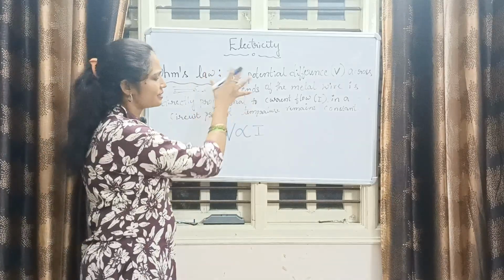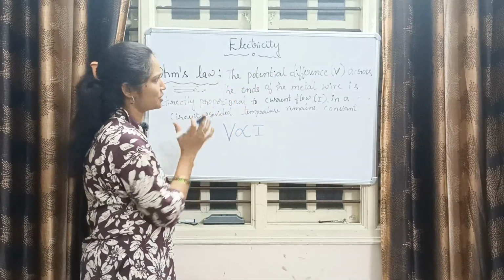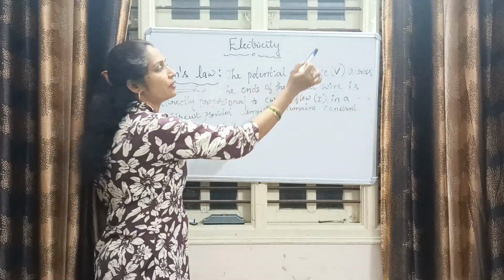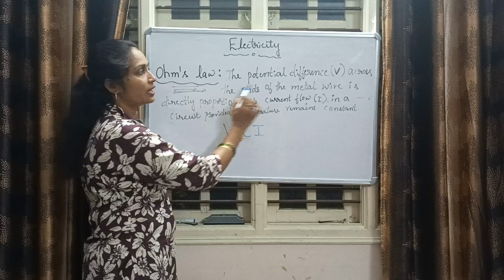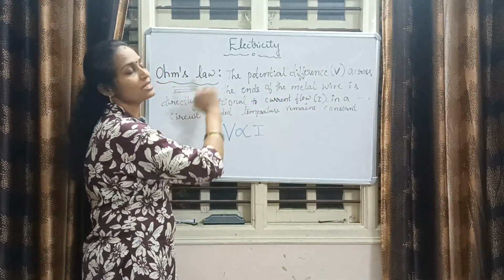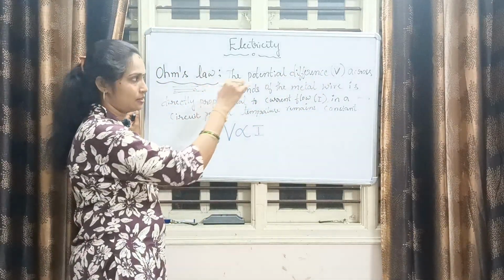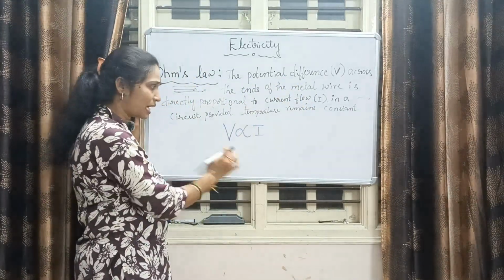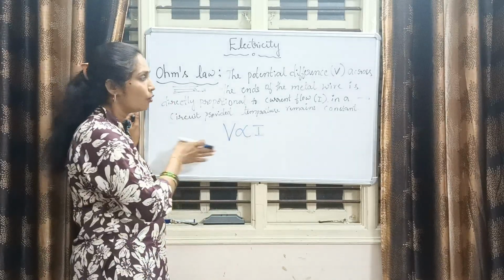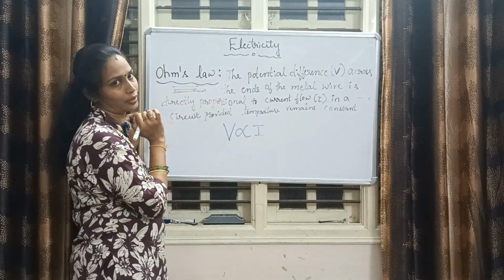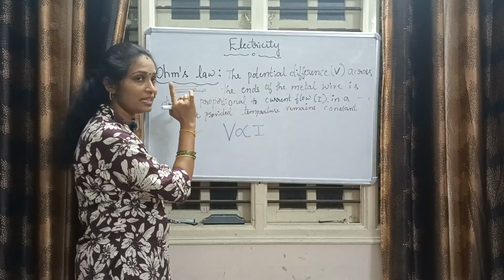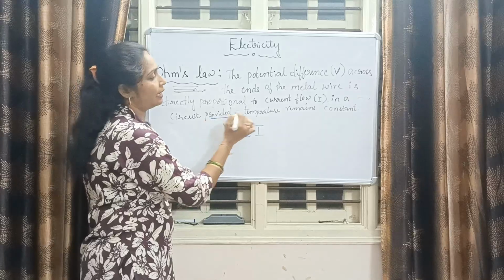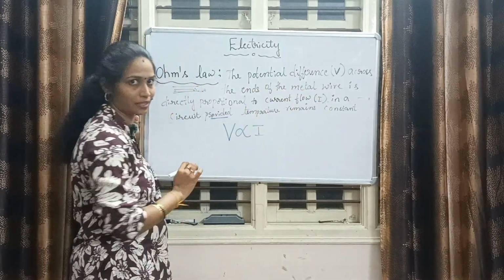Okay? Let us write down the definition of Ohm's law statement-wise. Take down: the potential difference V across the ends of a metal wire is directly proportional to the flow of current in a circuit, please note down, provided temperature remains constant.